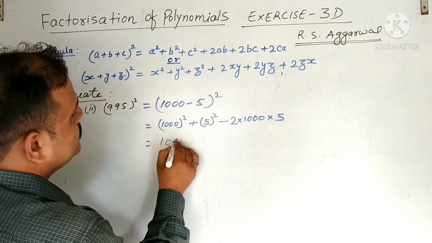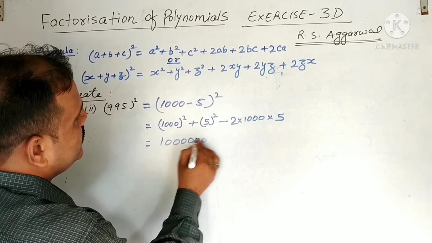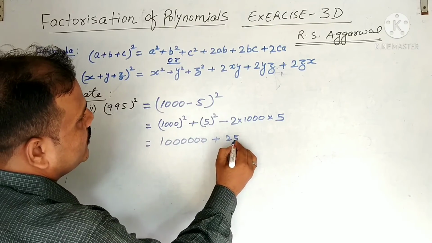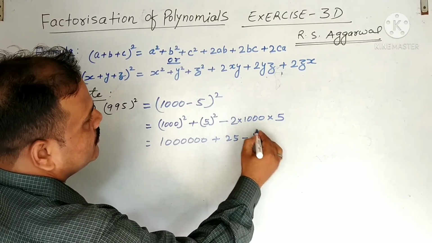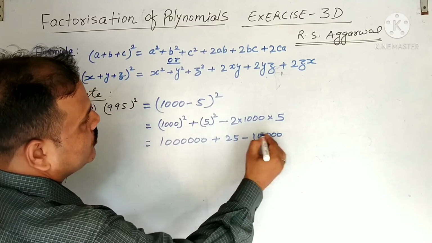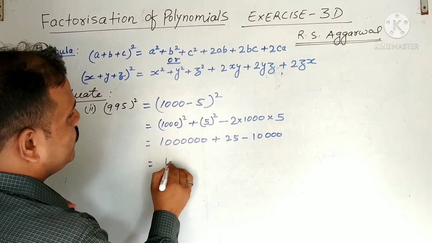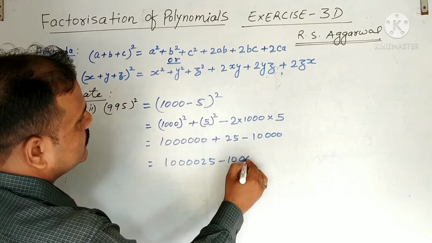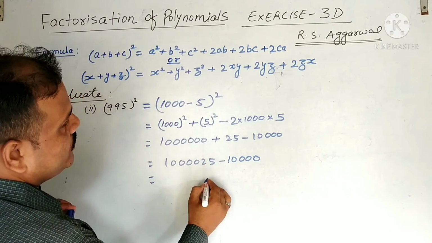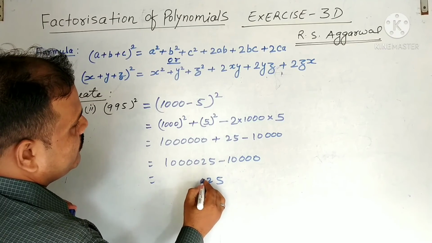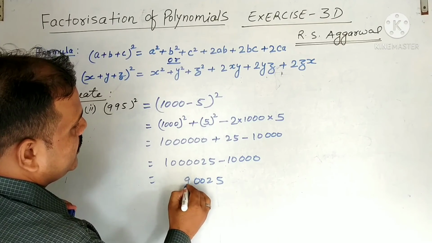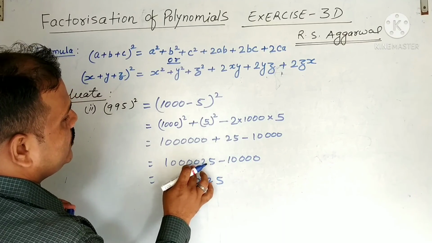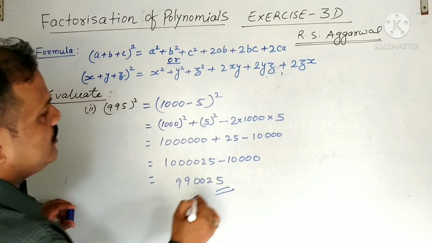What it will be? 1000 square is 1000000, plus 25, minus 2 into 5 into 1000, 10000... So it will be 1000025 minus 10000, and the answer is 990025. This is our answer.